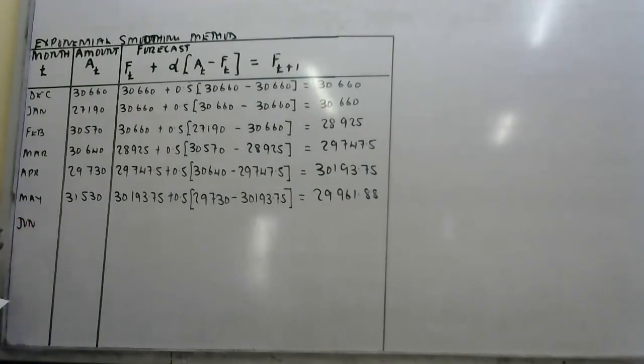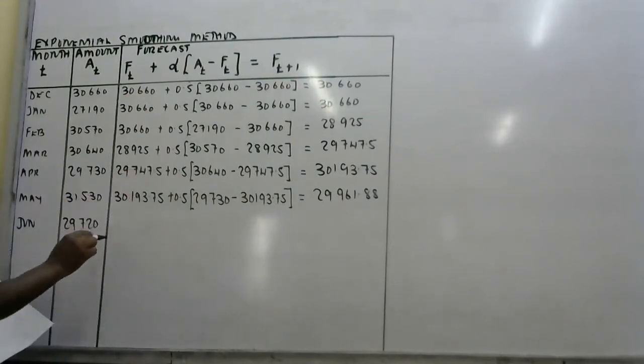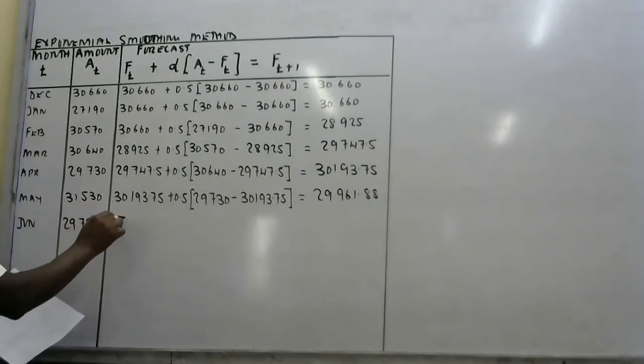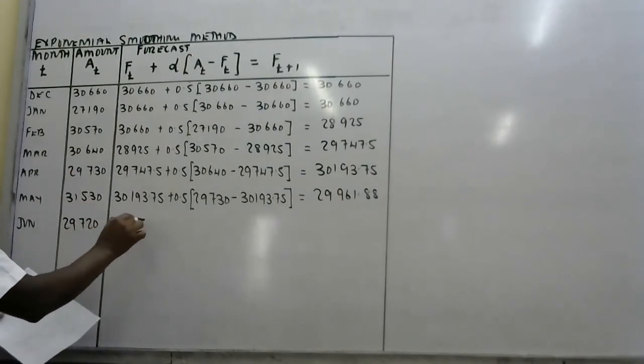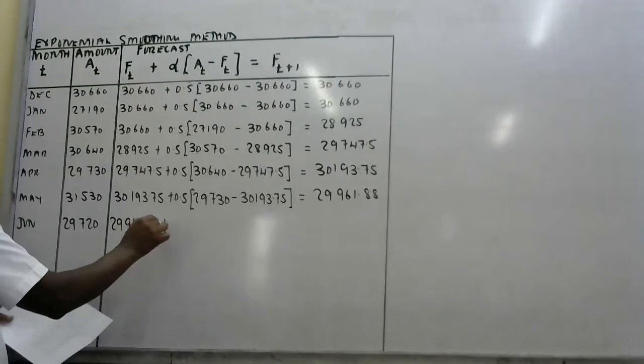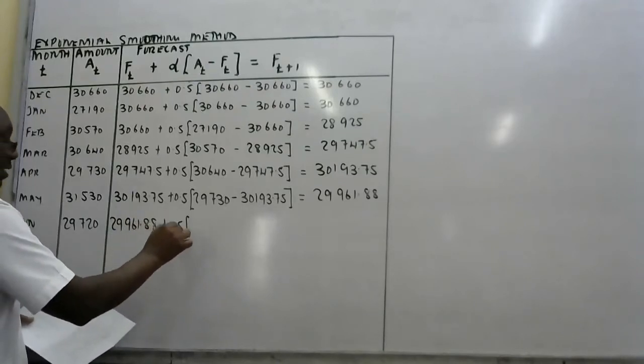June. The actual is 29,720. So now we take the forecast of 29,961.88 plus 0.5.